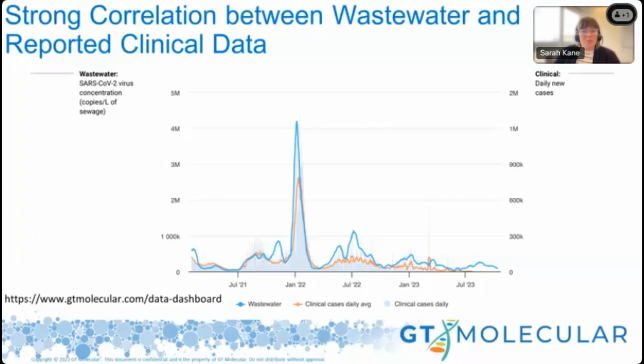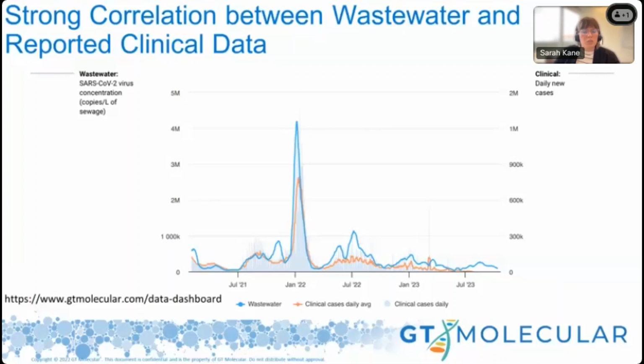You can imagine that that's going to be a pretty expensive endeavor to undertake. But if you take wastewater from a specific community, it has a natural averaging sample type, so that you can essentially have data from all of the people of that community.